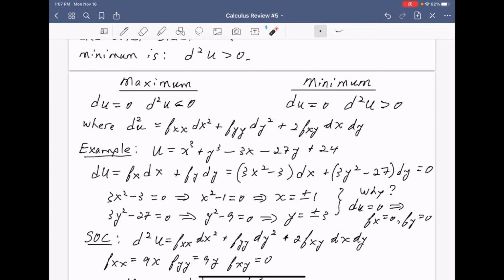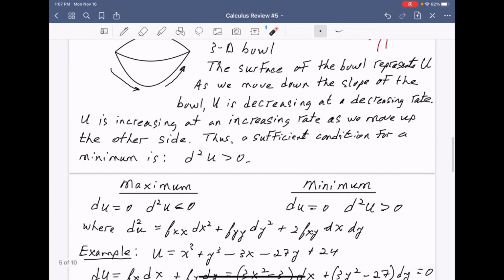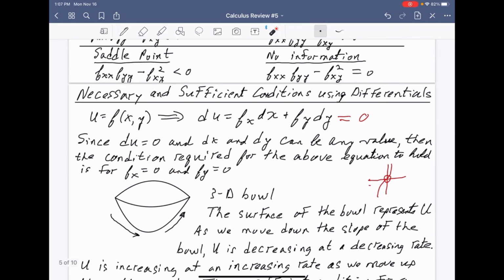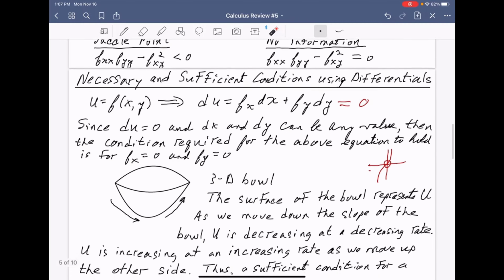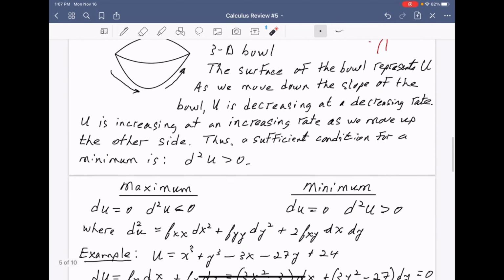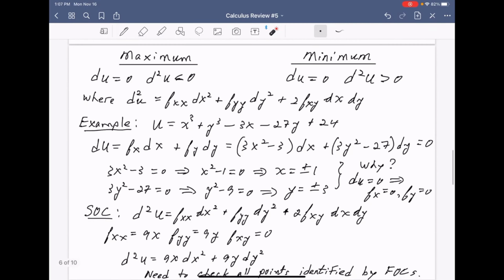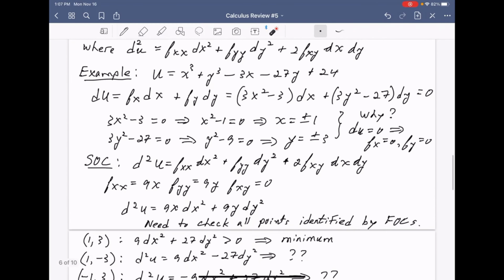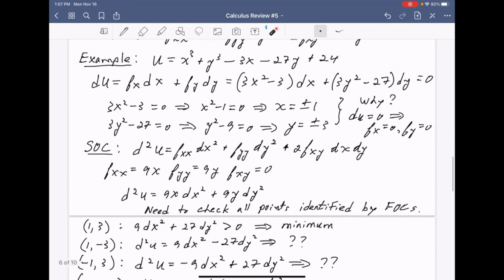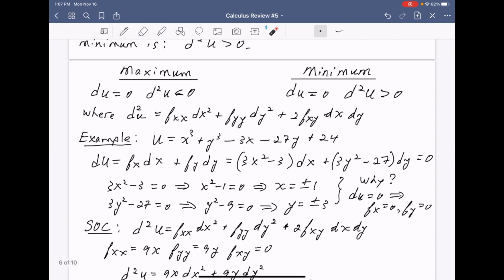As I noted above, the condition here is that f of x and f of y have to be equal to 0. So we get that this has to equal 0 and that has to equal 0.